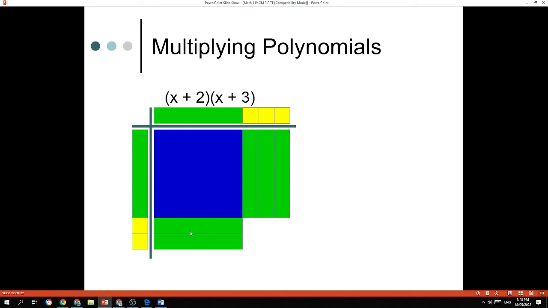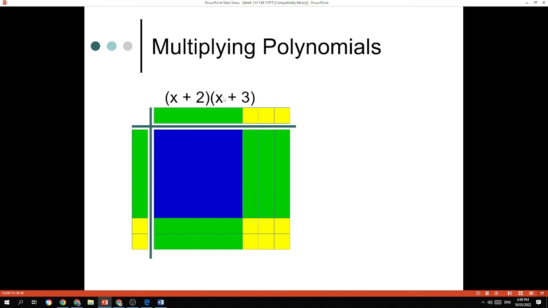And the intersection of a yellow and a yellow gives yellow as well. So our answer here is simply x squared plus 5x plus 6.